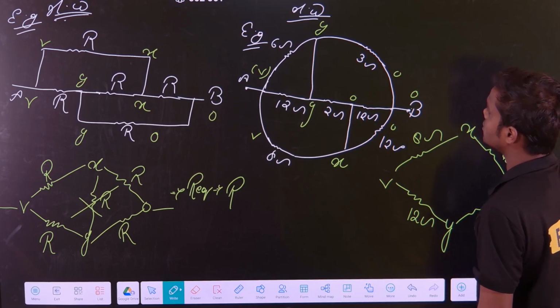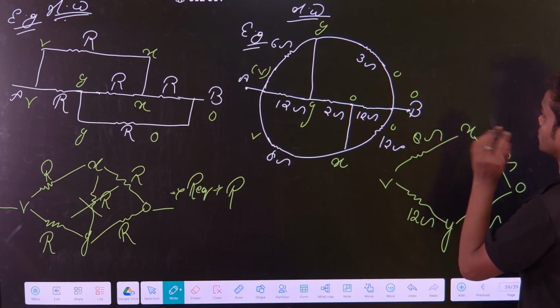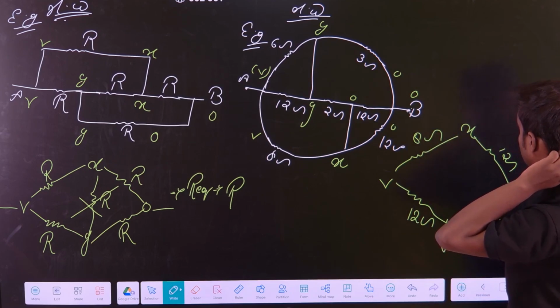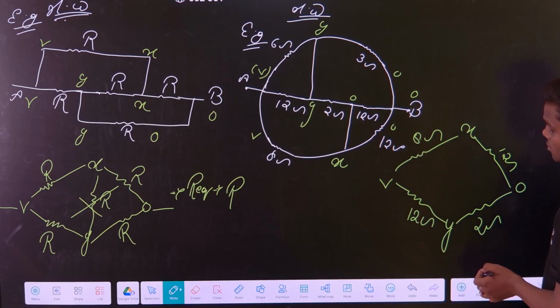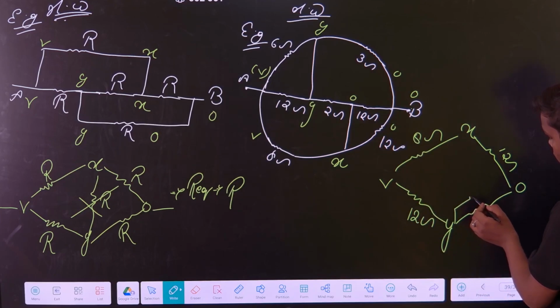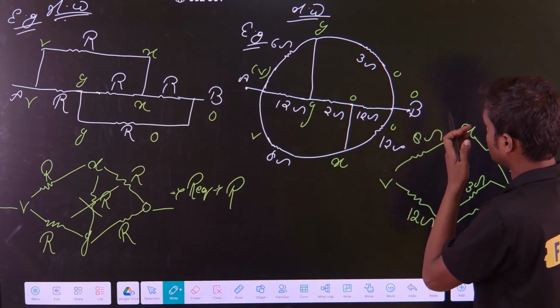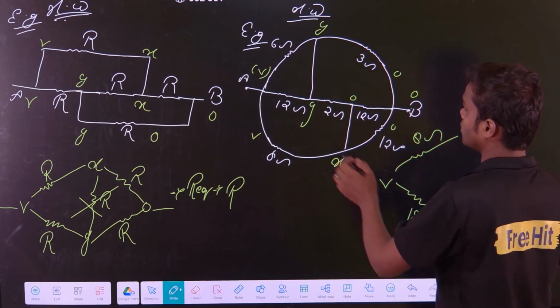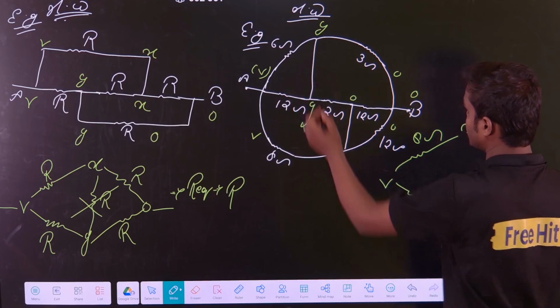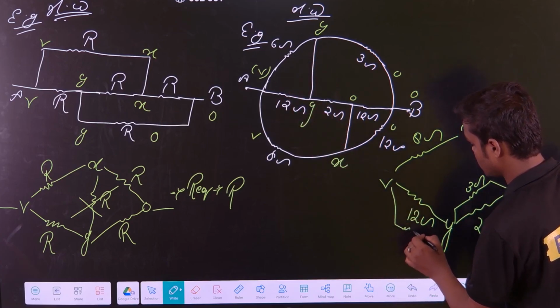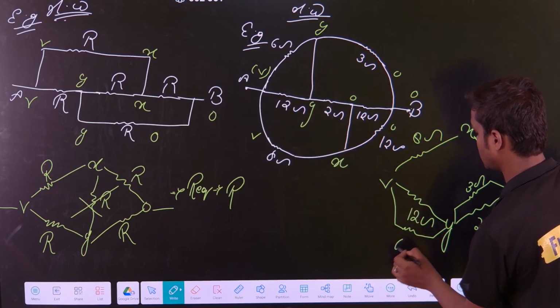Anything else? Between Y and 0 we have one more resistance, that is 3 ohm. Between V and Y we have a 6 ohm, as well as the 12 ohm.